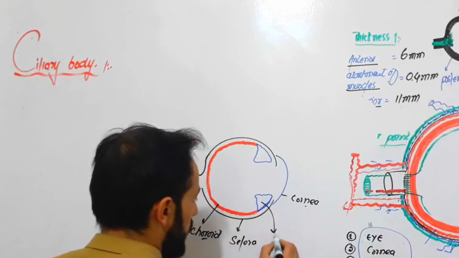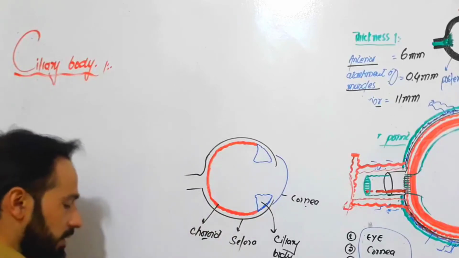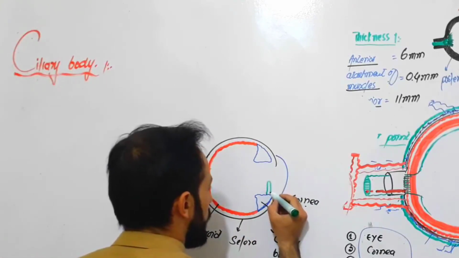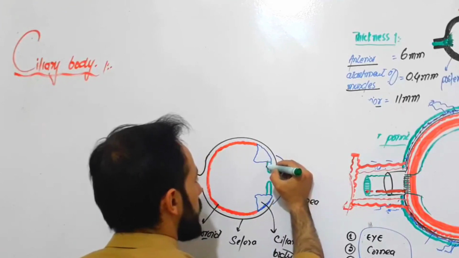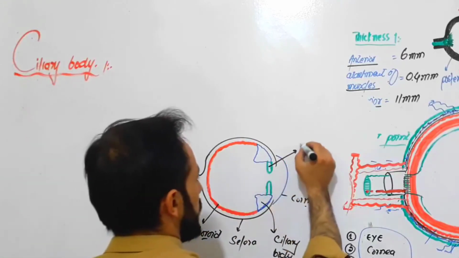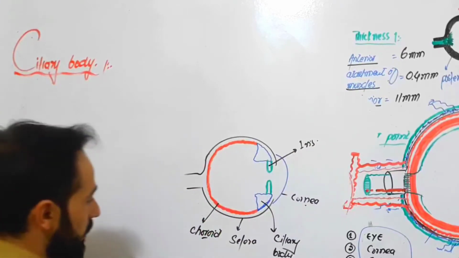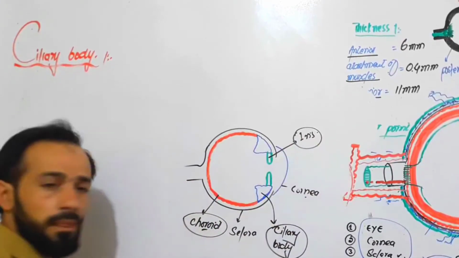So we say this is our ciliary body. And when the ciliary body moves further anteriorly, it becomes narrower and makes a structure like this, and this structure is your iris. So this was a very brief introduction of the uveal tract. The uveal tract is composed of the choroid, the ciliary body and the iris.